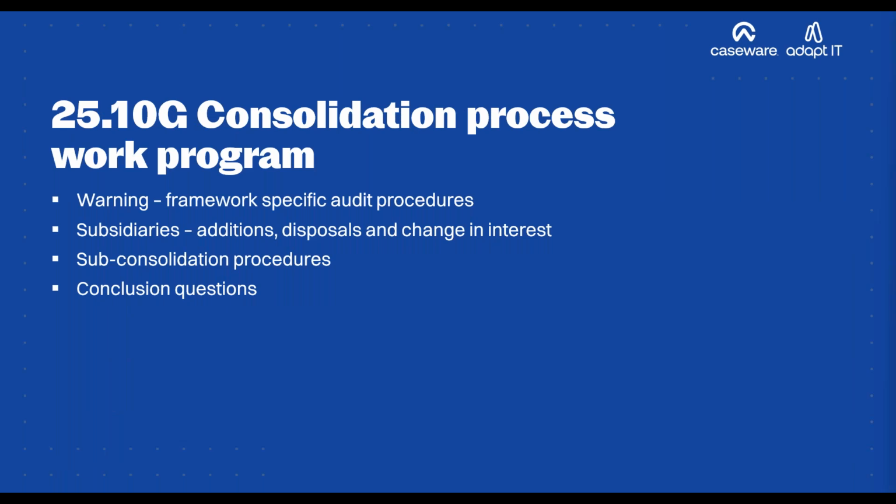Good. Then next up is 2510G, the actual consolidation process work program. One thing that's important, and you're going to see it when we look at the actual work program now also, is that there is a warning there. Hopefully you can't miss it. The important point to note here is that there aren't any framework-specific audit procedures in this work program.